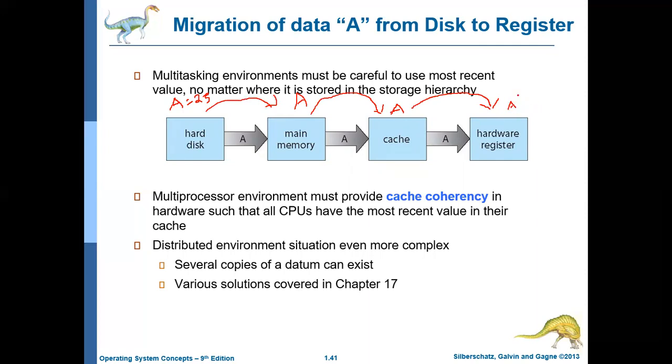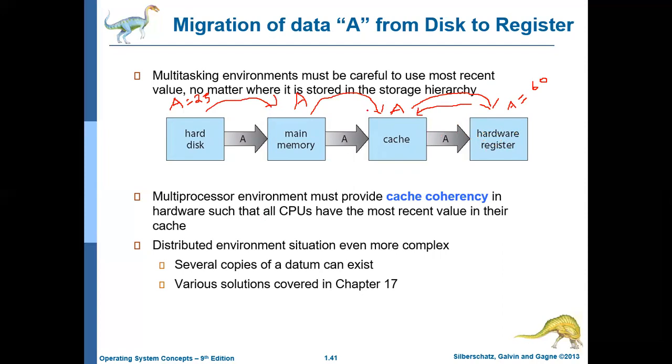After performing some computation, say the processor has made some change to A. Previously A is 25, say now A becomes 60. Once that job is completed, the content should be updated. So first the content in register will be updated in the cache memory. So this will become 60.